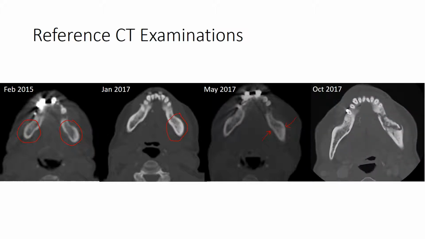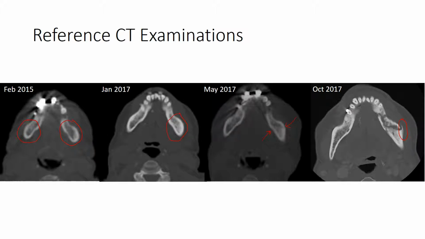And then again, fast forward to October 2017, and you've got sequestra formation, pathologic fracture, you've got some evidence of healing with the periosteal reaction, but clearly this is not a completely healed fracture. This is not normal. So given the whole history of these images, I would strongly favor medication-related osteonecrosis.